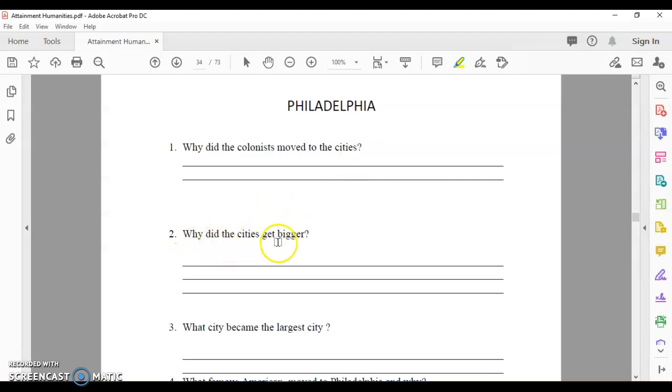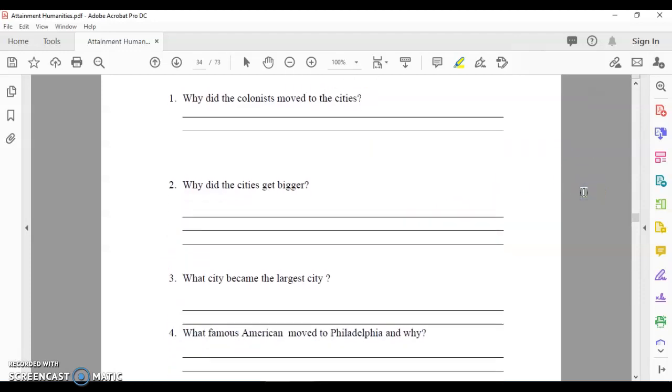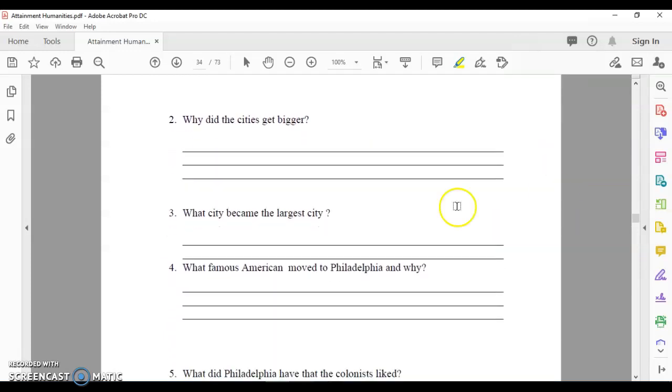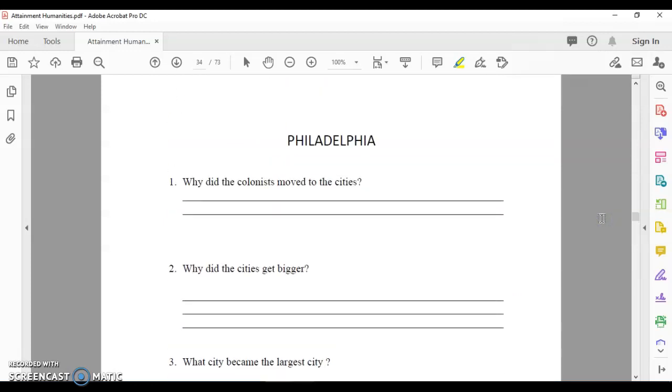Why did the cities get bigger? Go back to your story and look for your answer. What city became the largest city? What famous American moved to Philadelphia and why? So let's go back.